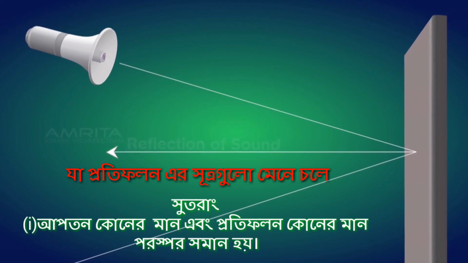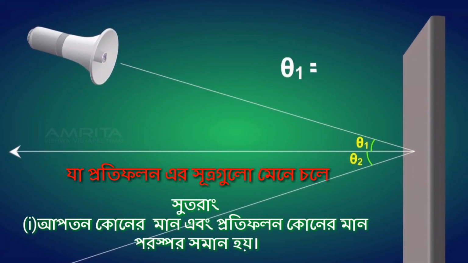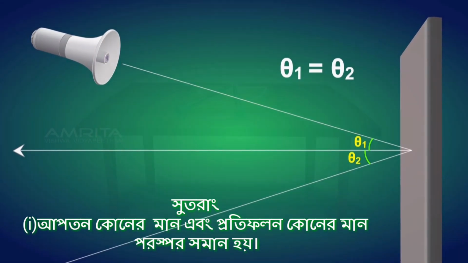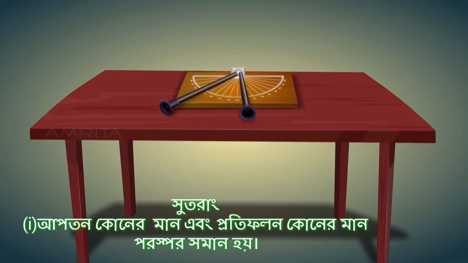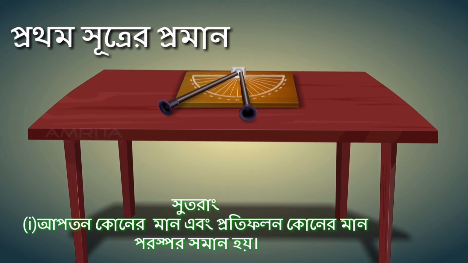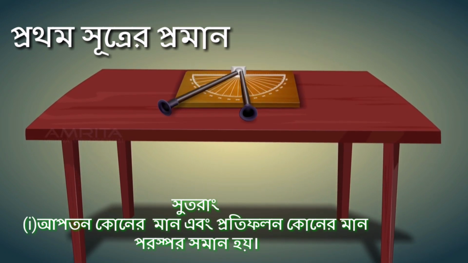The first law states that the angle of incidence is equal to the angle of reflection. We can prove this by placing two tubes at certain angles on a wooden board.